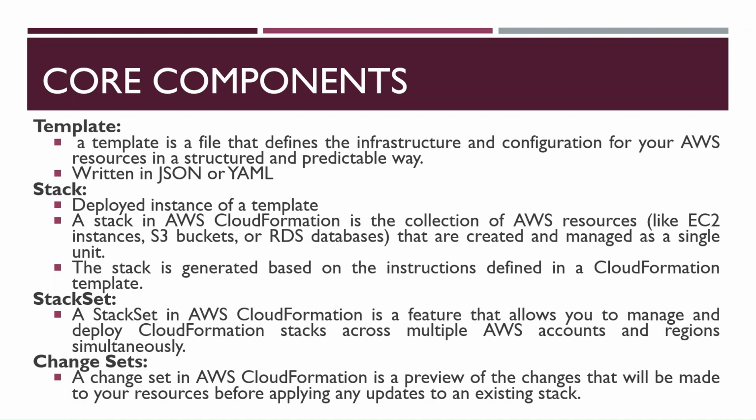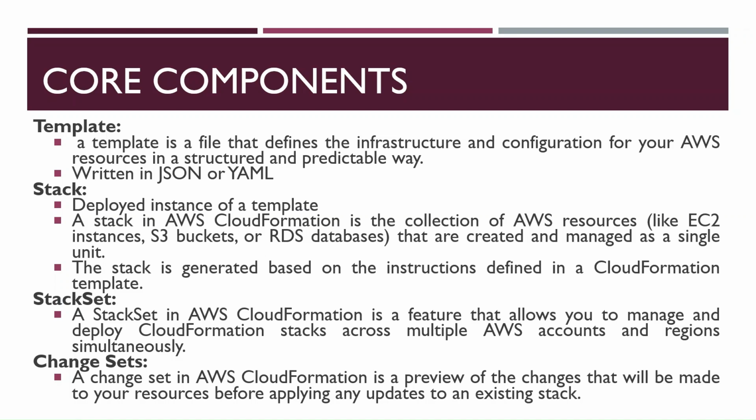And the last thing is change sets. A change set in AWS CloudFormation is a preview of the changes that will be made to your resources before applying any updates to an existing stack. So, before applying it, you can see exactly what will be added, removed, or modified.